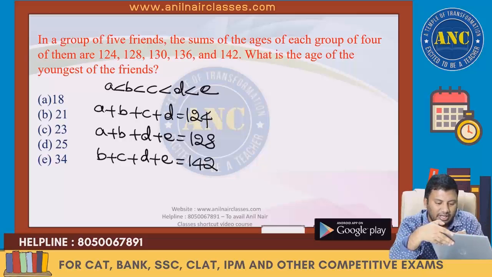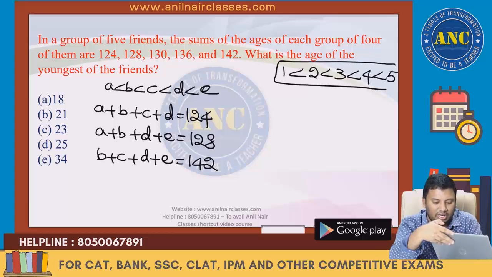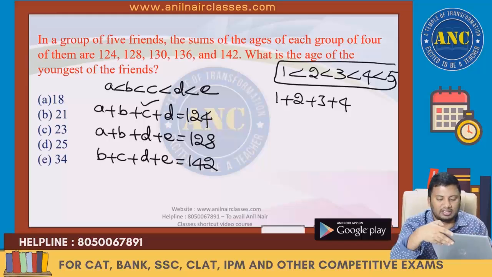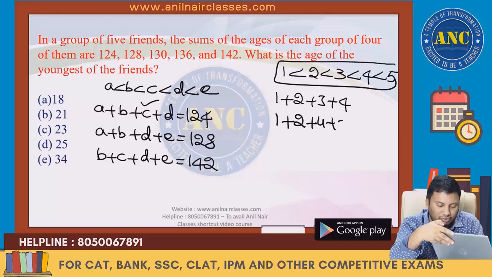Take this example, sir, so that it will be clear to you: 1 less than 2 less than 3 less than 4 less than 5. Lowest is 1 plus 2 plus 3 plus 4, which is A plus B plus C plus D. Next lowest is 1 plus 2 plus 4 plus 5.